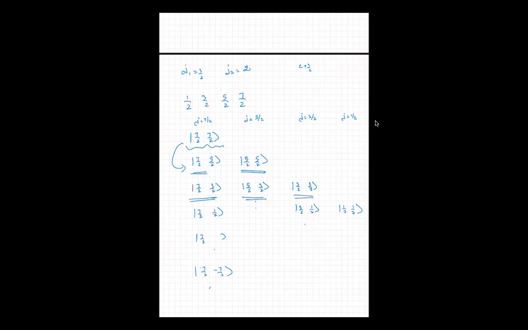But what about this one? Now there are 3 states with three different values of j that have the exact same m value, right? Now you have to choose this state such that it is orthogonal to both this one and this one, and is also properly normalized. Okay, and so on and so forth.